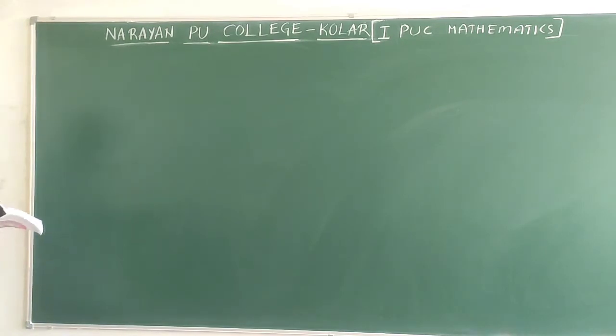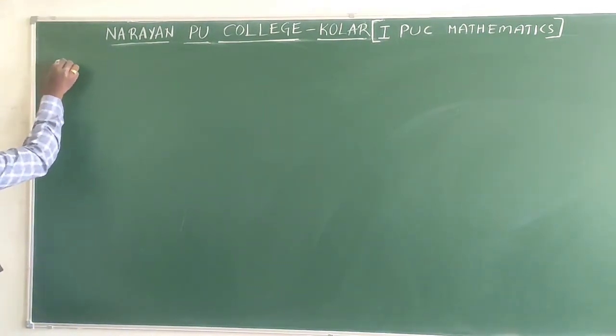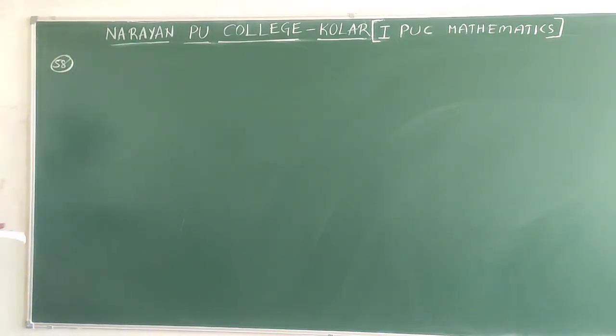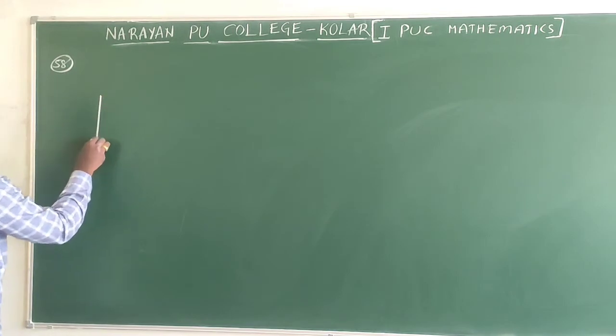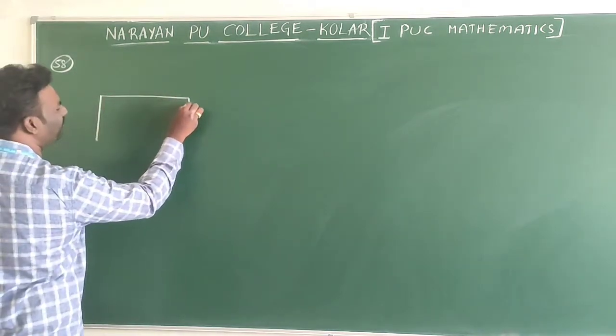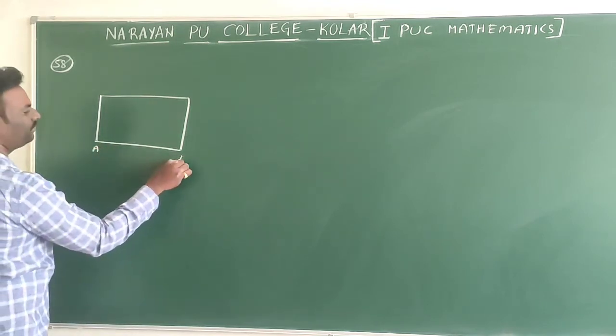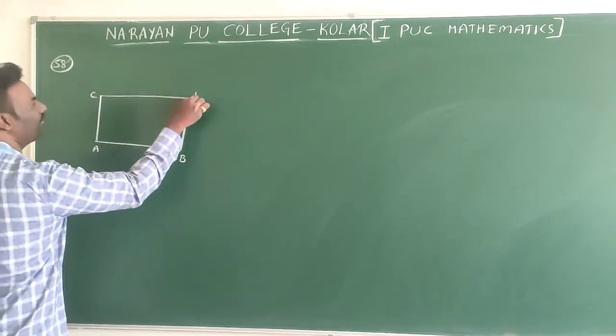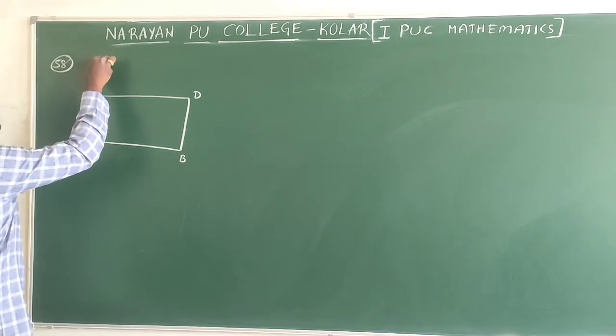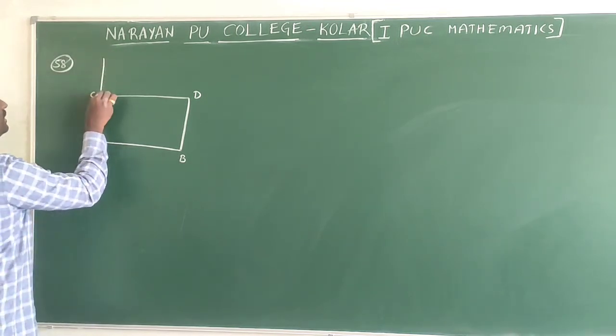Okay, question number 58. A vertical lamp post of height 9 meters stands at the corner of a rectangular field. This is the rectangular field, AB, CD, on the corner.